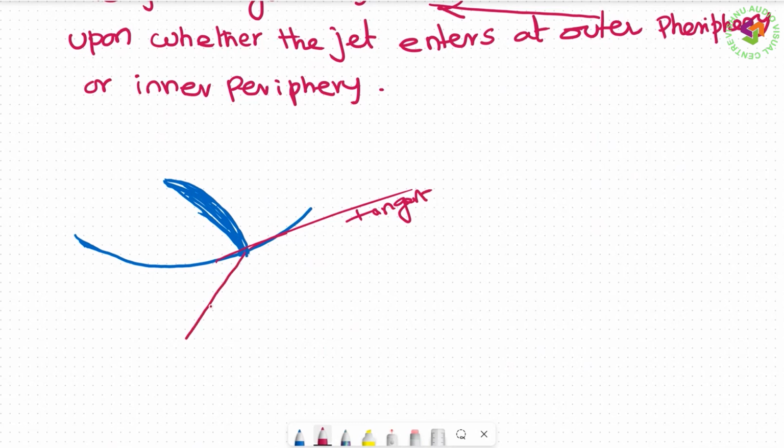So this is how V1, U1, VR1, right? Then these are the vertical VF1 and VW1. This is alpha, this is theta. Alright.